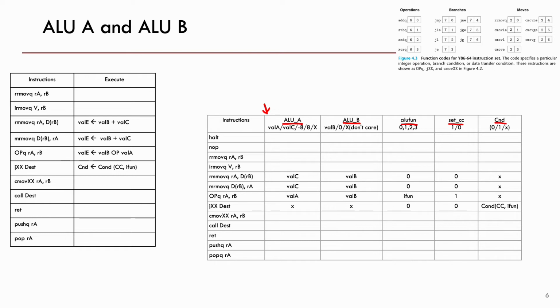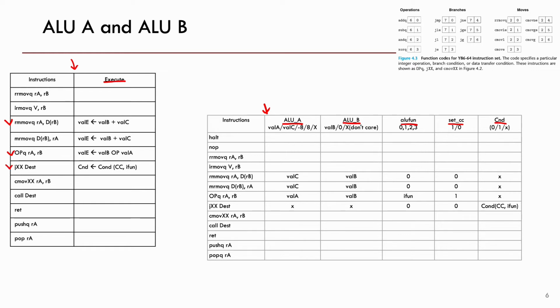Based on the transformed computation tables for the execute stage, we can fill up the table on the right-hand side. Let's take 3 examples in the table: the RM instruction, the OPQ instruction, and the jump instruction.